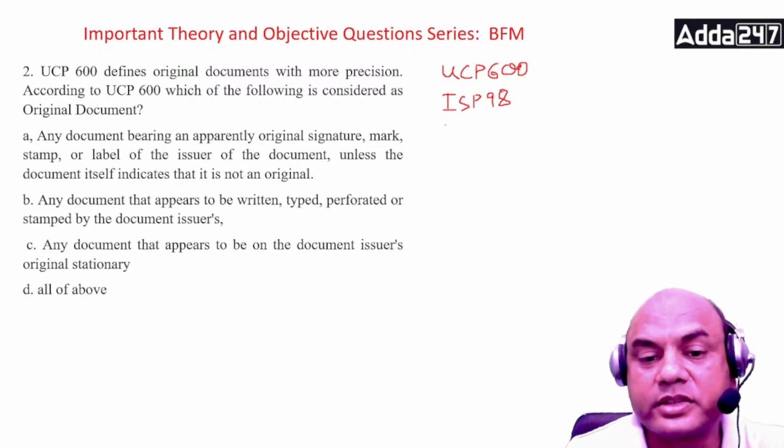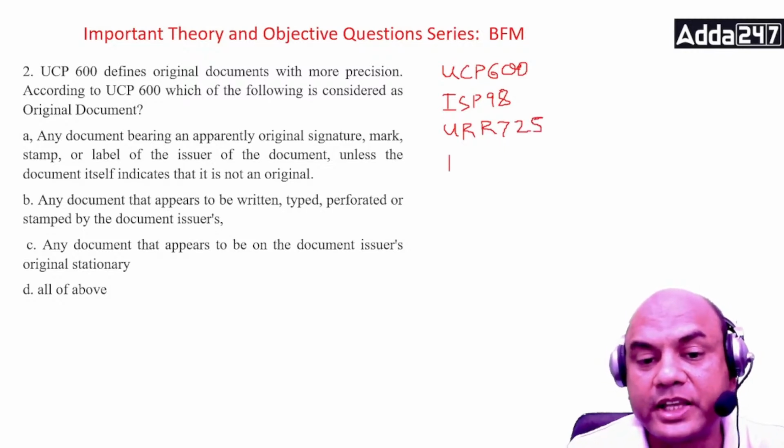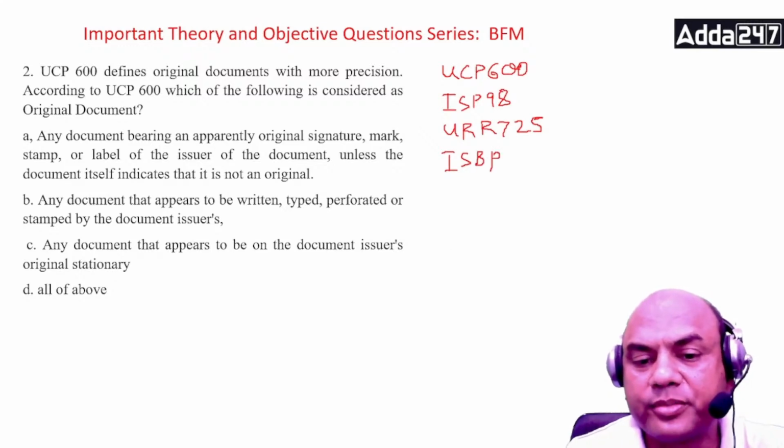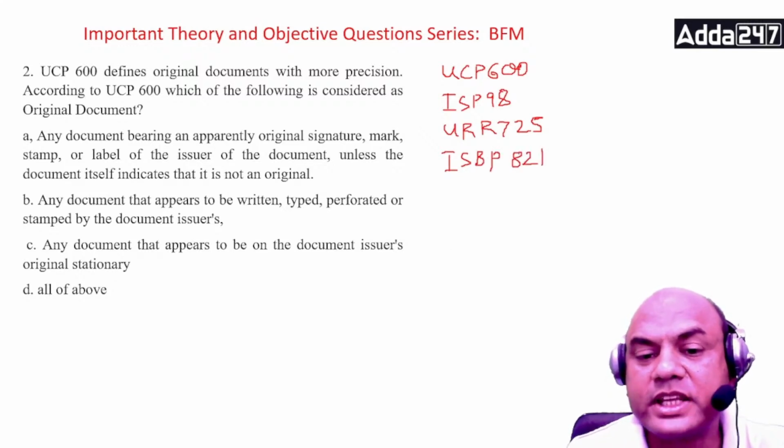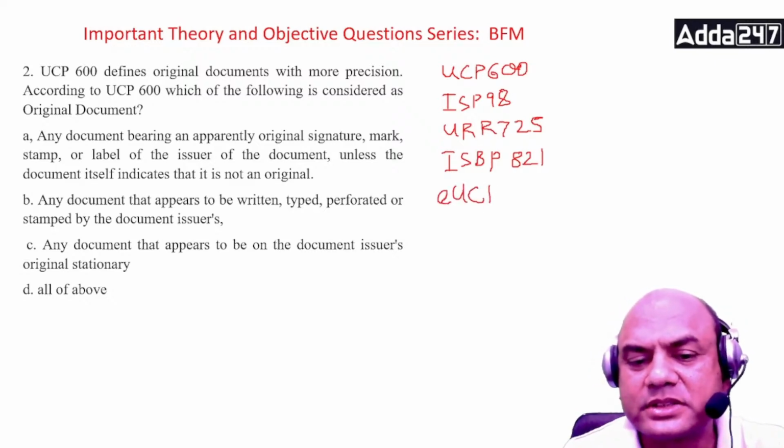Third is URR 725. ISBP also you have, ISBP 745. Now it's not 745, now it's 821. So these 4 you have. There is one more, EUCP, but I don't think that much is there for you.